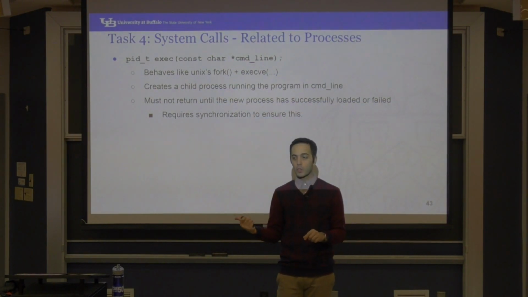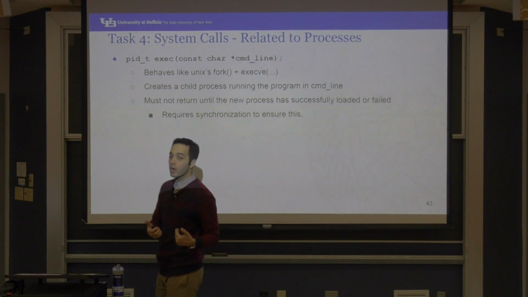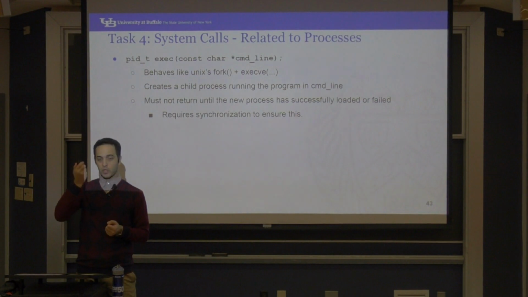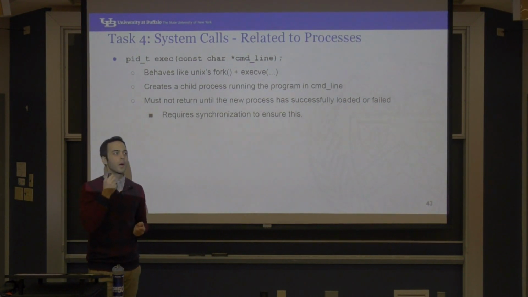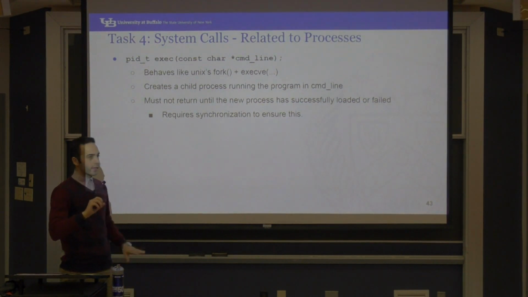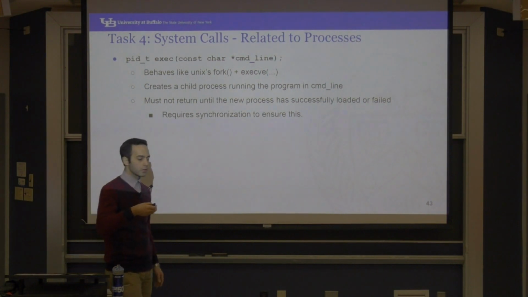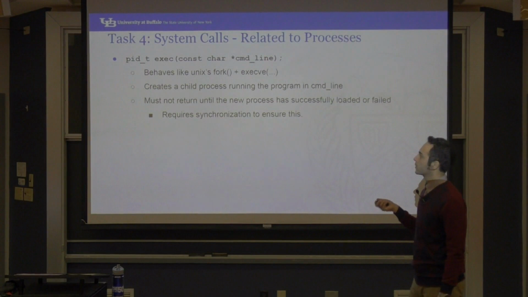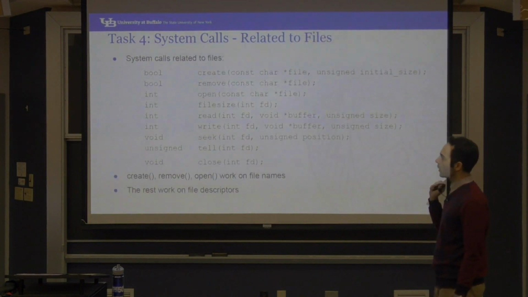So then this thread can return from the exec system call with a pass or fail result. Again, that's the short story. We'll probably get into the details in recitations, but this is important for exec. This synchronization, again, is needed.